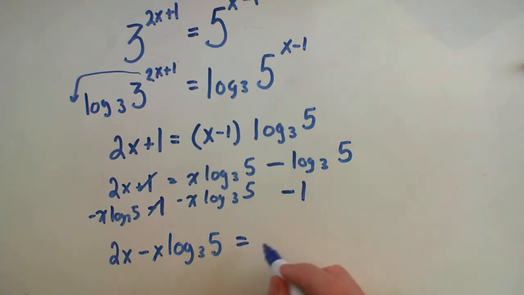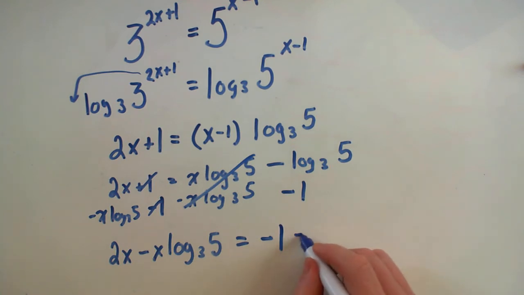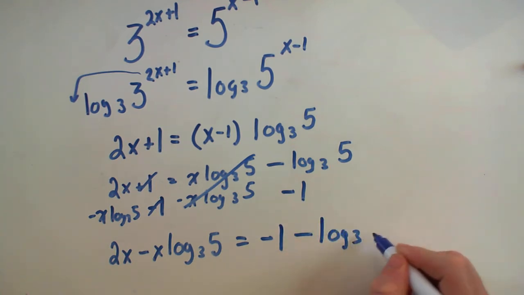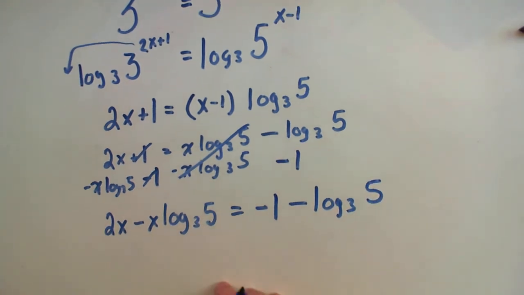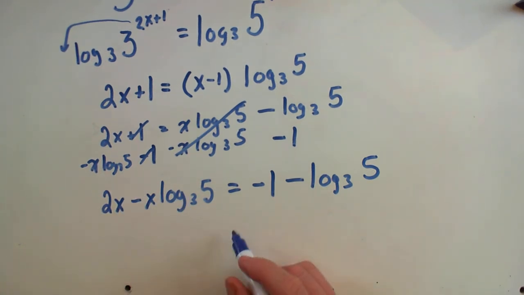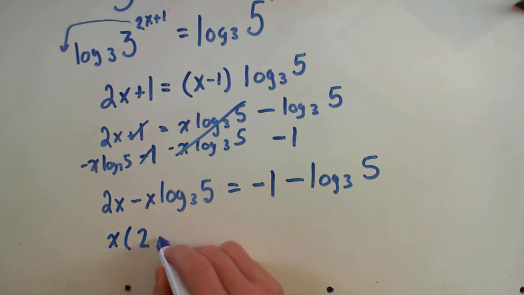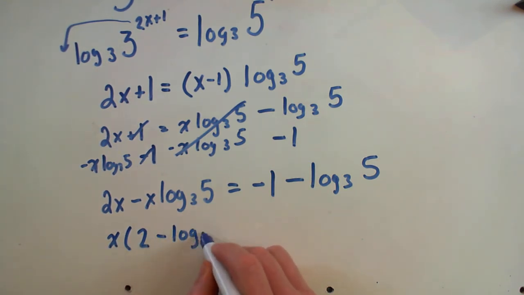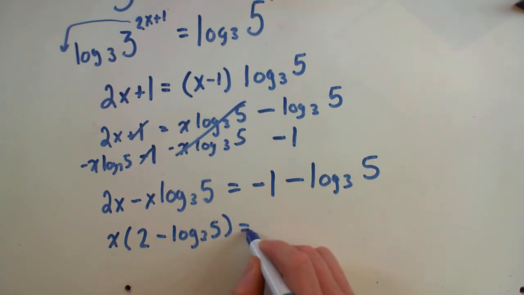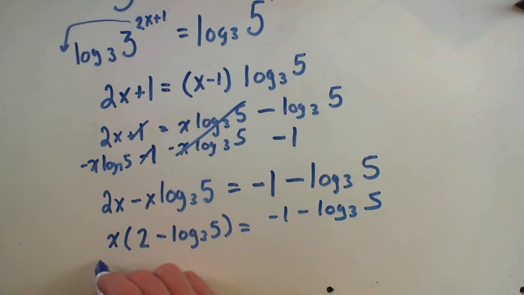On the other side we have negative 1 minus log base 3 of 5. I factor the x out of both of these. That gives us x times (2 minus log base 3 of 5) equals negative 1 minus log base 3 of 5.